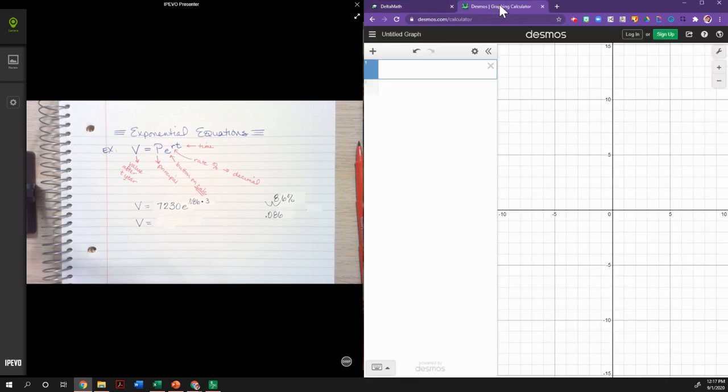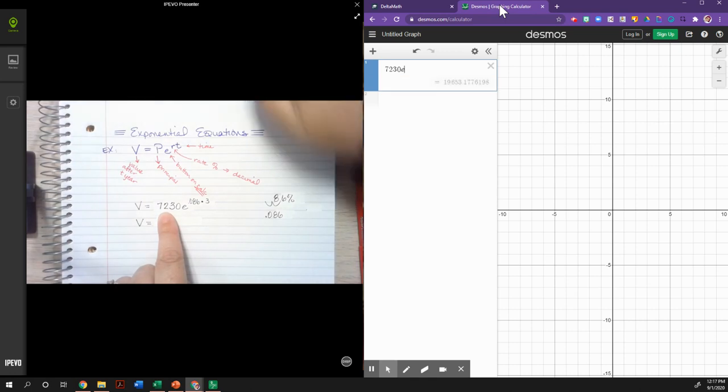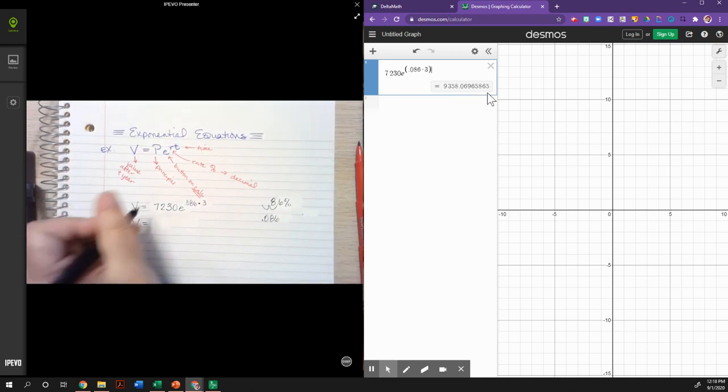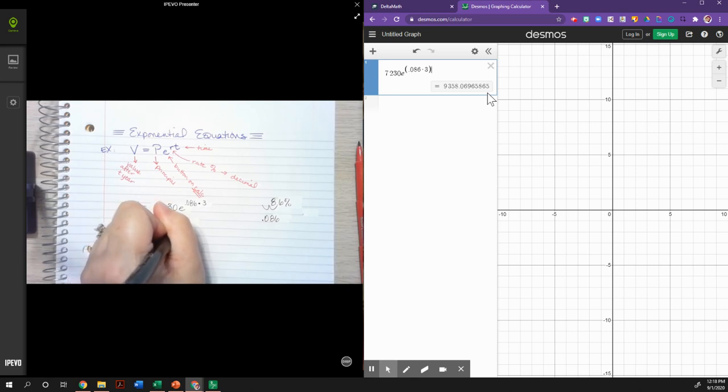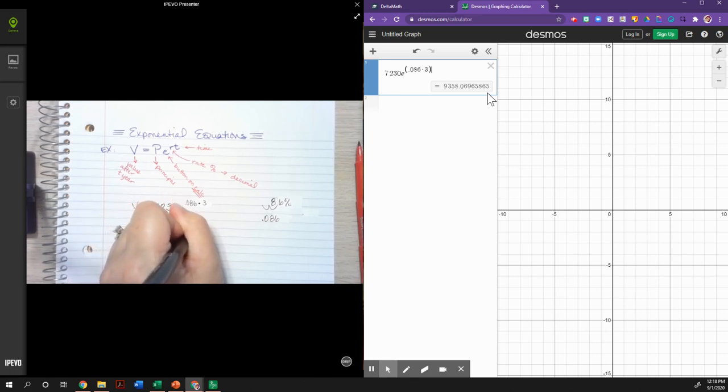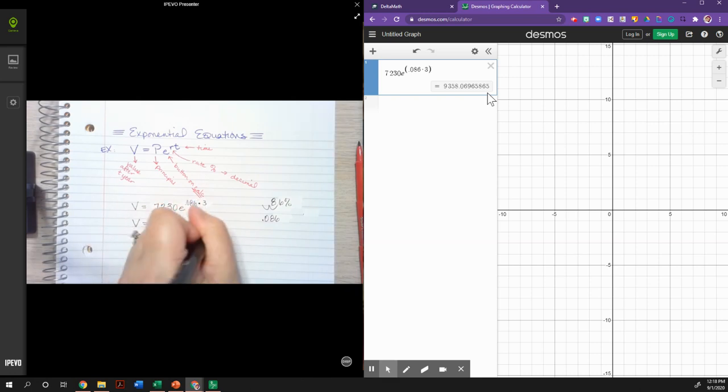So I type in 7230 e, exponent, and I'm going to put parentheses because my exponent is a multiplication problem: 0.086 times 3. Close it. You can see here it's done the calculation: 9,358.06965865. So let's go back to Delta Math.